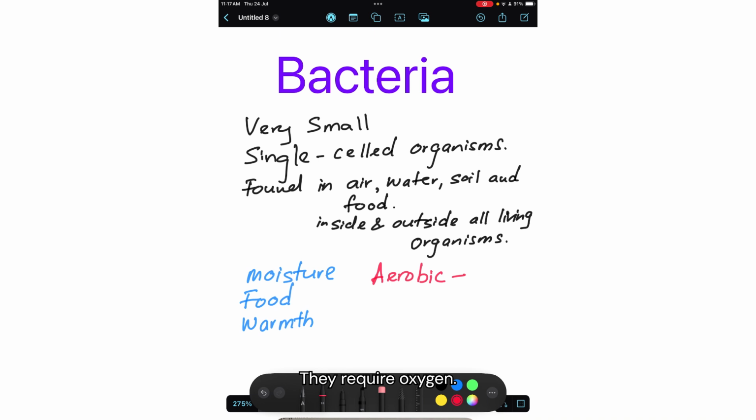They require oxygen. If bacteria need oxygen to survive, we call them aerobic. Some bacteria do not require oxygen, and we call them anaerobic. Okay, two categories: aerobic, which need oxygen, and anaerobic, which do not.